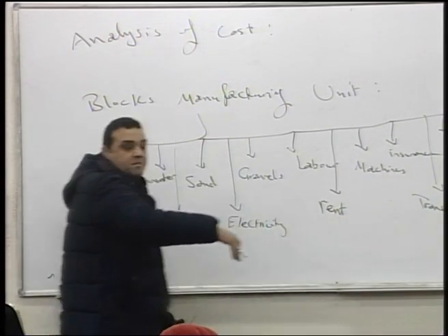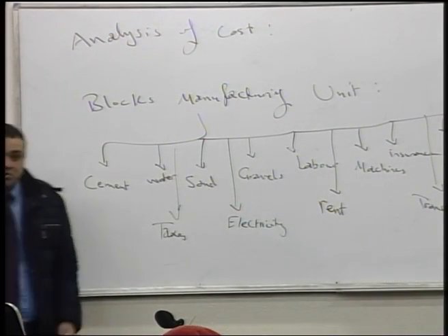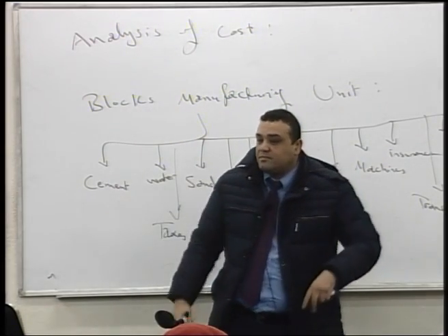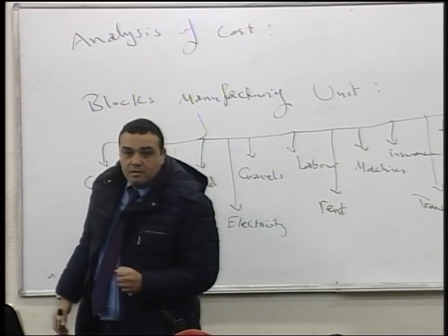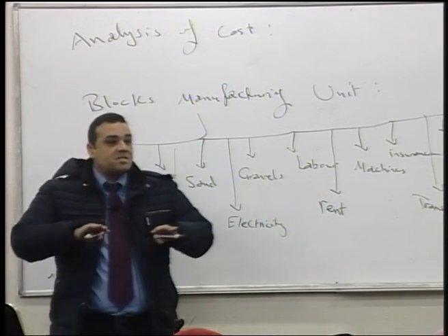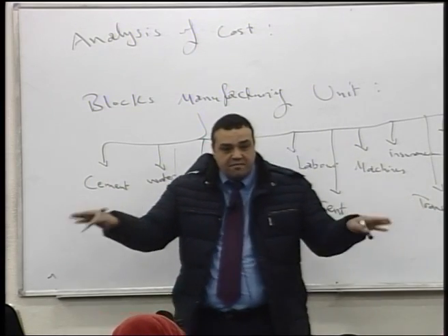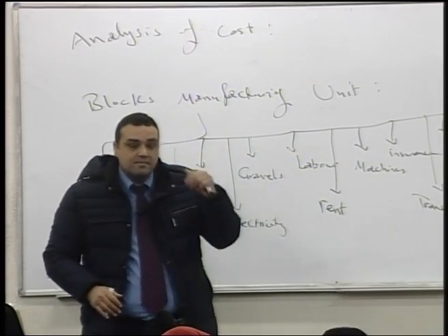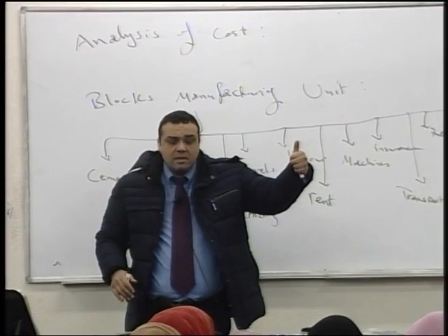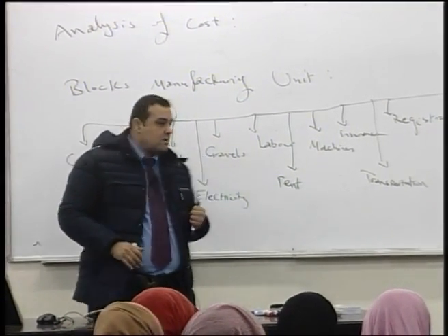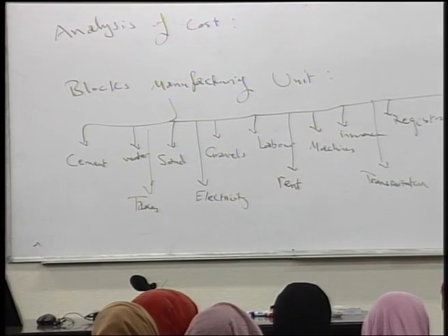All these types are called inputs or cost. In economics, we classify the cost into different types: variable cost and fixed cost. The variable cost, let us ask here about cement.